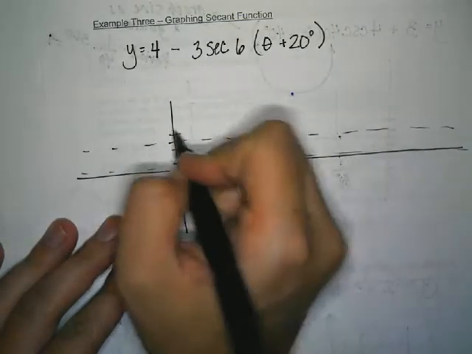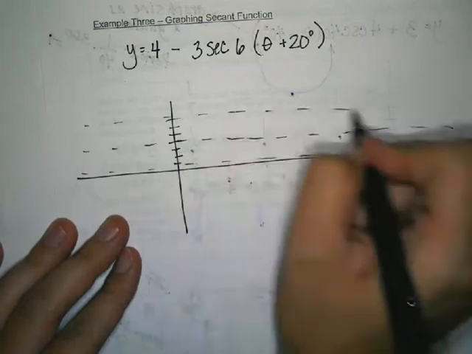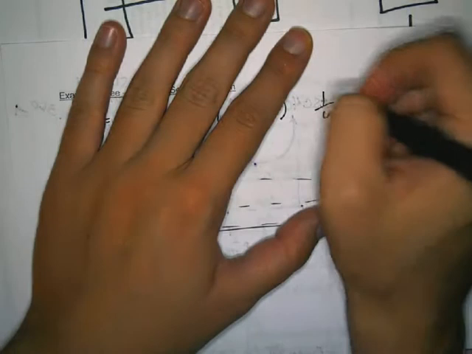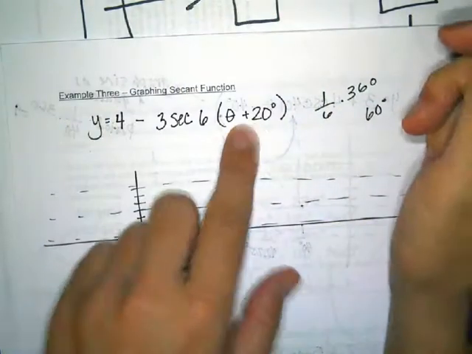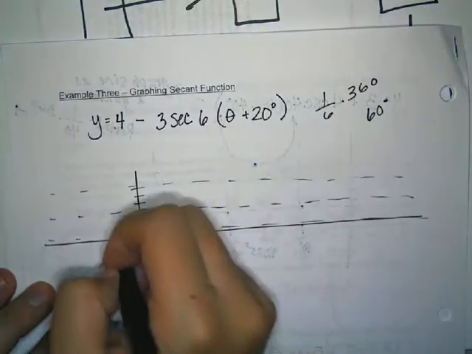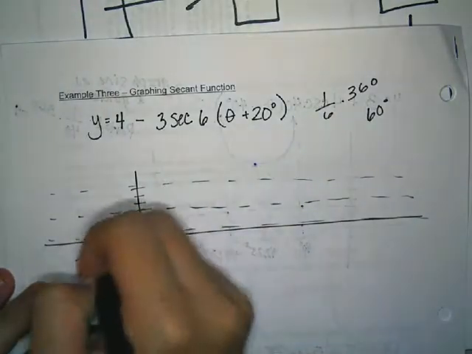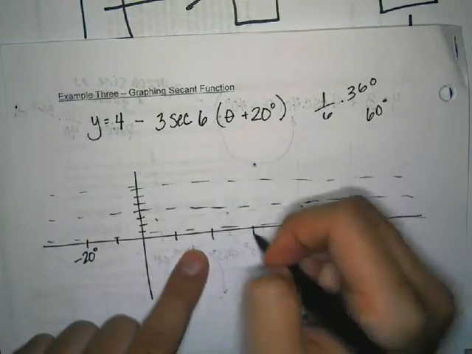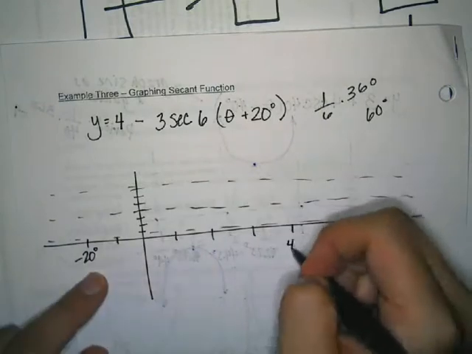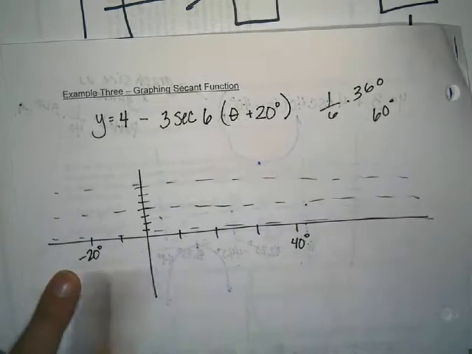My period is going to be 1 over 6 times 360, or 60 degrees. And I start at negative 20.